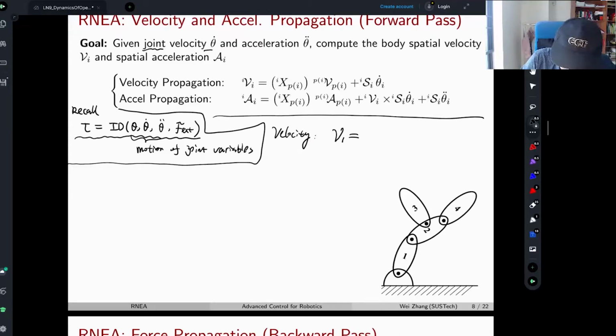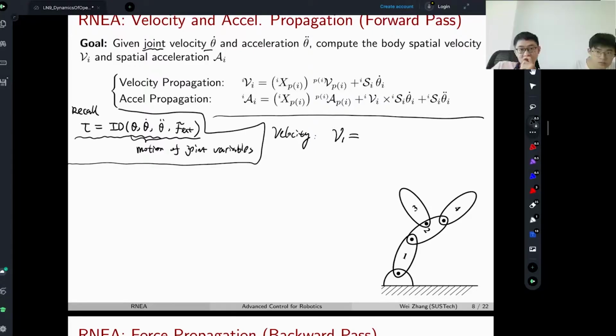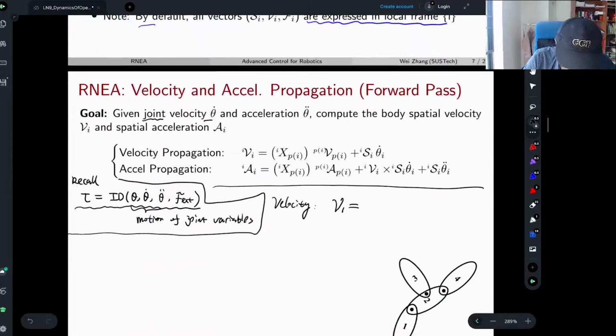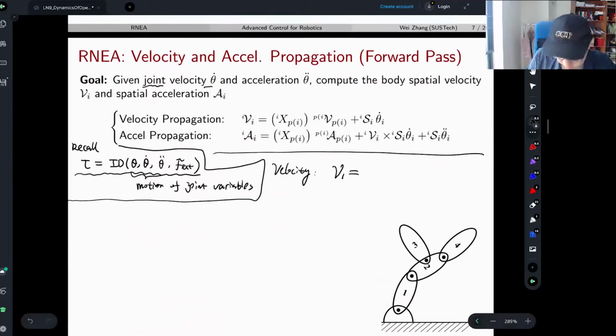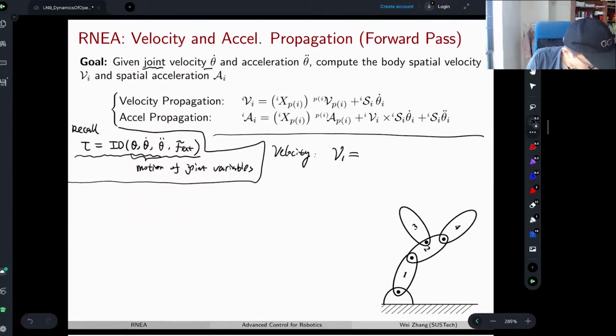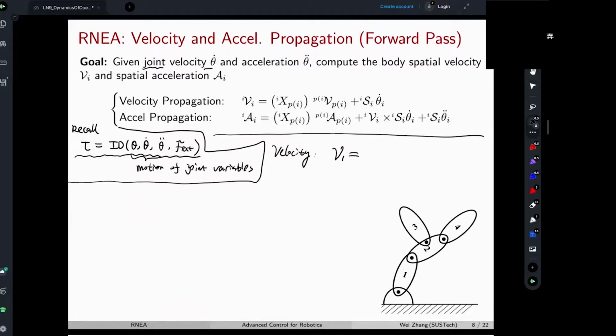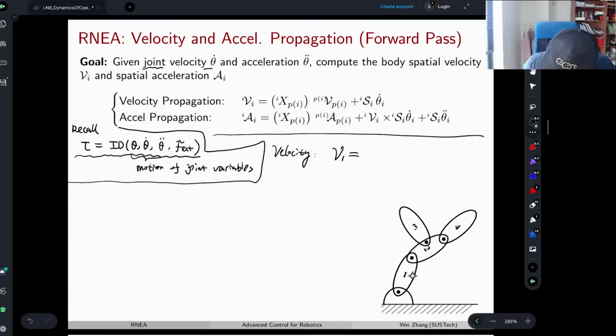What is v1? It is the velocity of body 1.